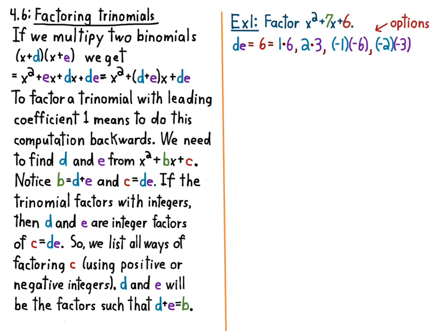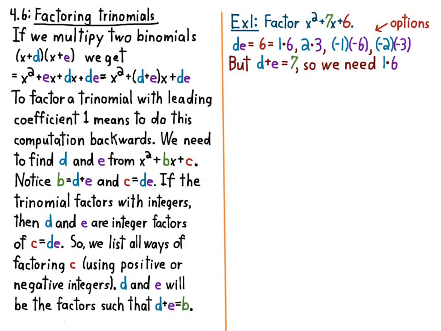Now I put in the negative ones, even though I just said I don't need them, because maybe you don't realize that you don't need them. It doesn't hurt. I'm going to want to add them to get 7. Well, if you add the negative ones, of course, you get negative numbers. So that's why we don't need those ones. D plus e is 7, so we need the 1 times 6, not the 2 times 3 or the negative ones.